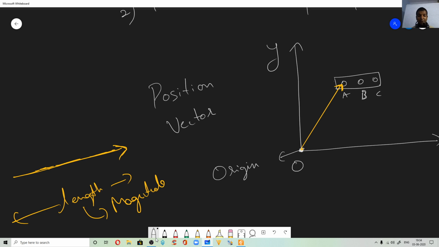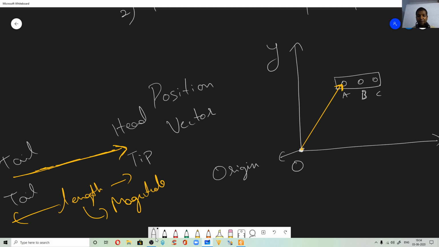Here, the reference is taken as the origin. And the head of the vector, or you can say the tip of the vector. For an arrow we say head and tail, but for vectors usually we say tip and tail of the vector. So this is also the head of the vector, not a problem.